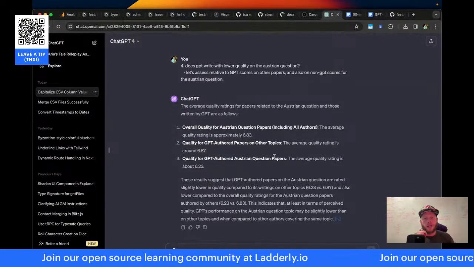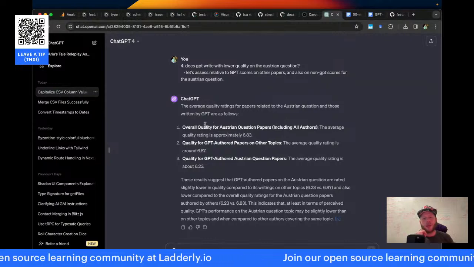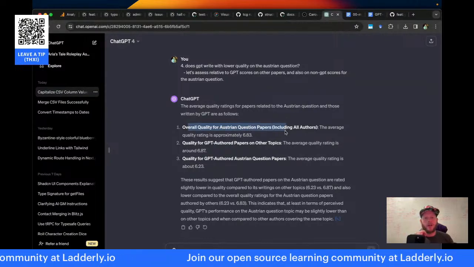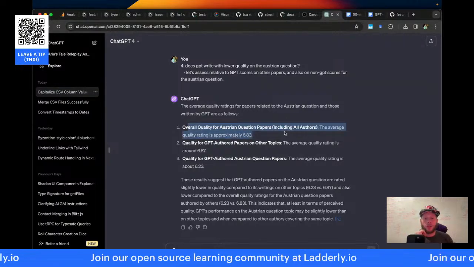The average quality rating is approximately 6.83 overall quality for Austrian question papers, including all authors.